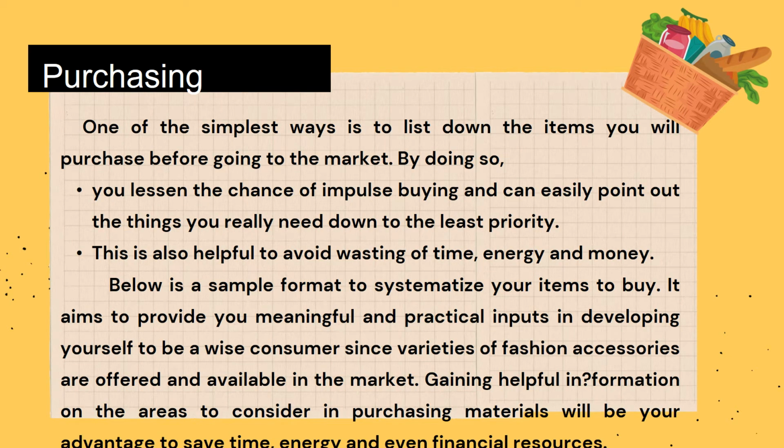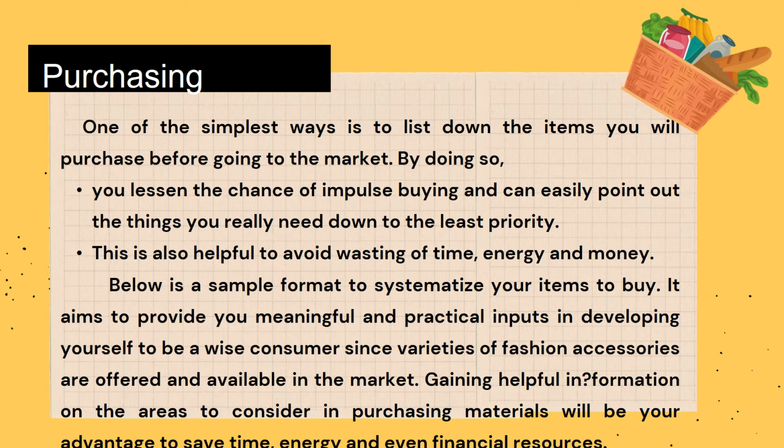One of the simplest ways is to list down the items you will purchase before going to the market. By doing so, you lessen the chance of impulse buying and can easily point out the things you really need down to the list priority.